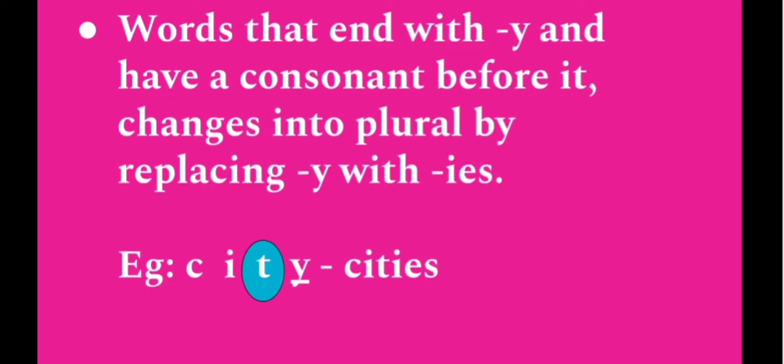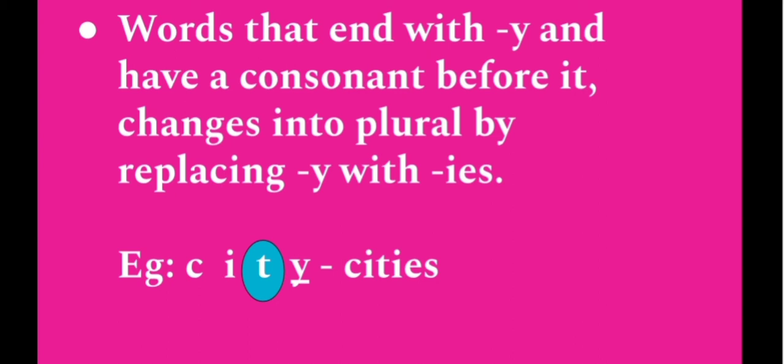Words that end with y and have a consonant before it change into plural by replacing y with ies. I am sure that you are confused. Look at the example. I've taken the word city, C-I-T-Y. Here the last letter is y.